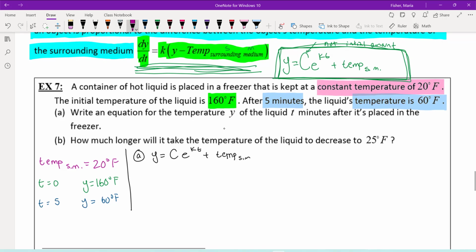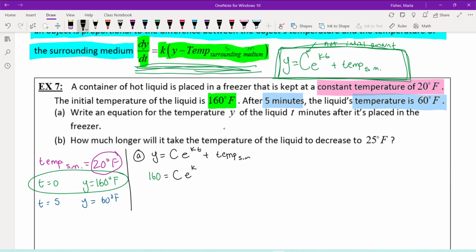So using the temperature of the surrounding medium and this first bit of information, we can solve for C. We say 160 is going to equal c e to the k times 0 plus the temperature of the surrounding medium, which is 20. So solving for C, first subtract 20 from both sides, and you get 140 is equal to c times e raised to the 0. Well, e to the 0 is just 1, so that means that c is equal to 140.